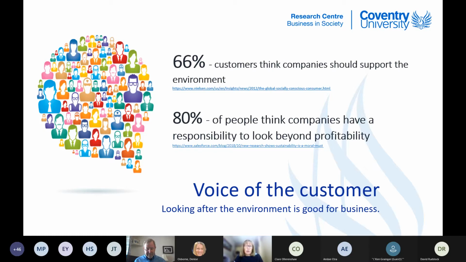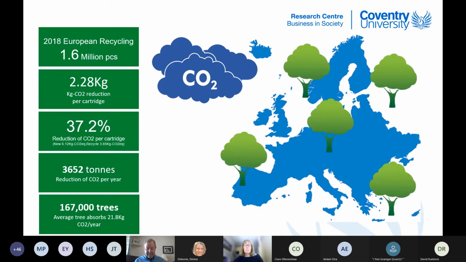So they were very much prompted by the sorts of market research they did with their customers to understand what they were looking for. So how has it benefited Brother in the long term?